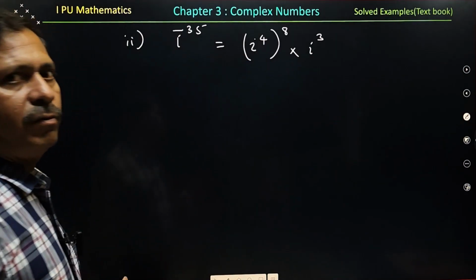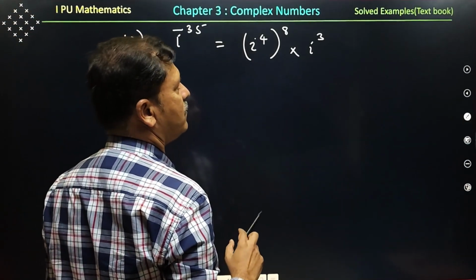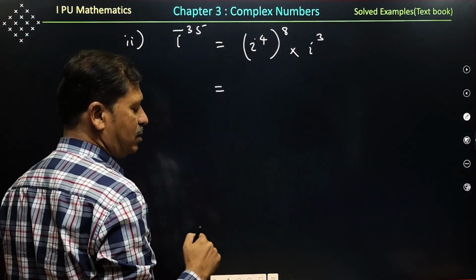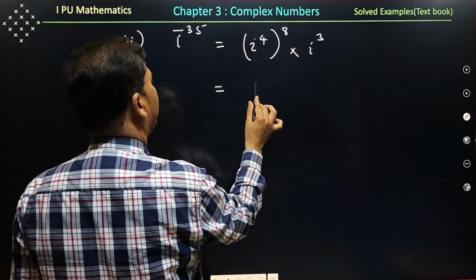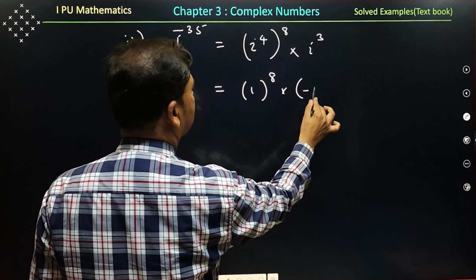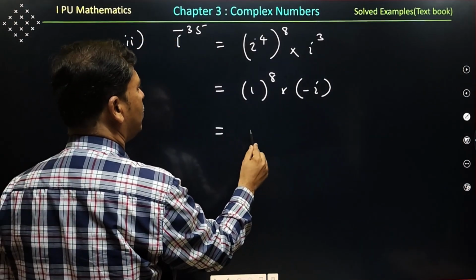Have you followed this logic, all of you? Is the matter clear? Okay. Then I to the power 4 value is 1. 1 to the power 8 into I cube. I cube is minus I. So this is equal to minus I.